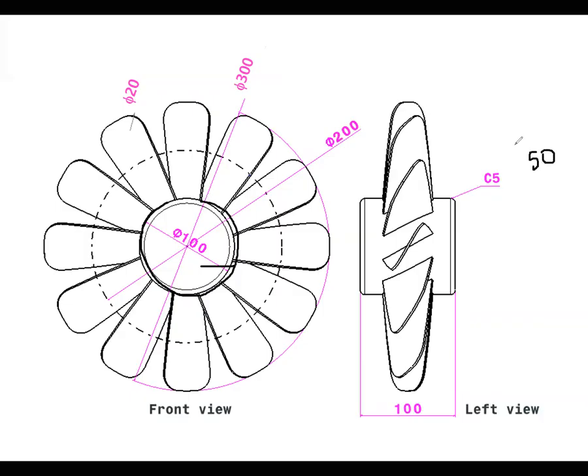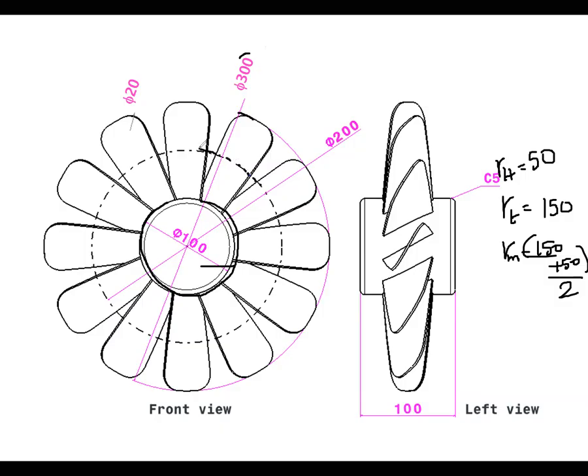The diameter of the tip is given as 300, so the tip radius is 150. What is the mean radius? RM is the average of those two: 150 plus 50, divided by 2. This is the mean radius.